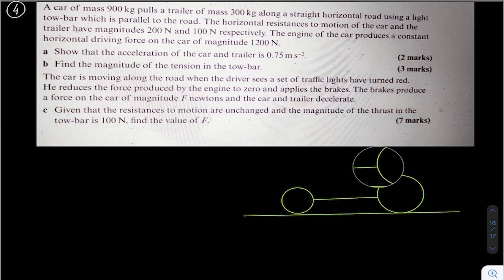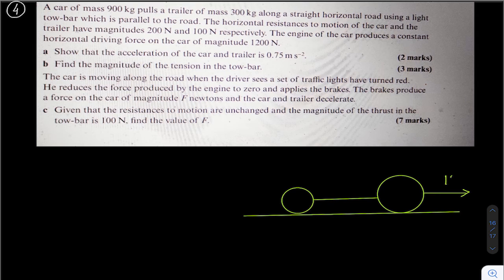So let's first draw the diagram and see what's happening. So basically we have a car and we have a trailer. So this trailer is pulled by the car, and the net force of the engine that is producing is 1200 newtons.